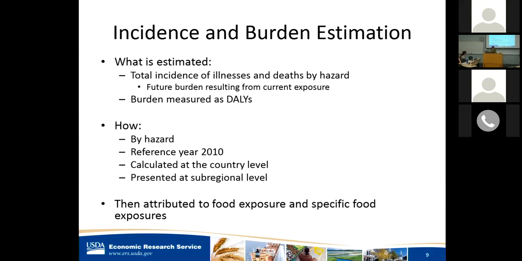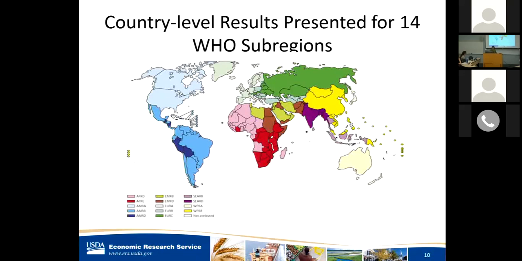And then once that incidence work was done, we attributed that incidence and burden to food exposure or to specific food exposures. These are the regions, subregions for which you can easily get information. These subregions are based on child mortality, which of course is also highly correlated with national income and economic development levels.